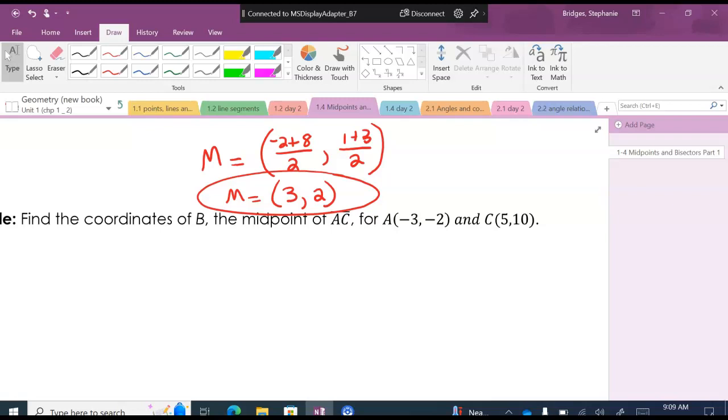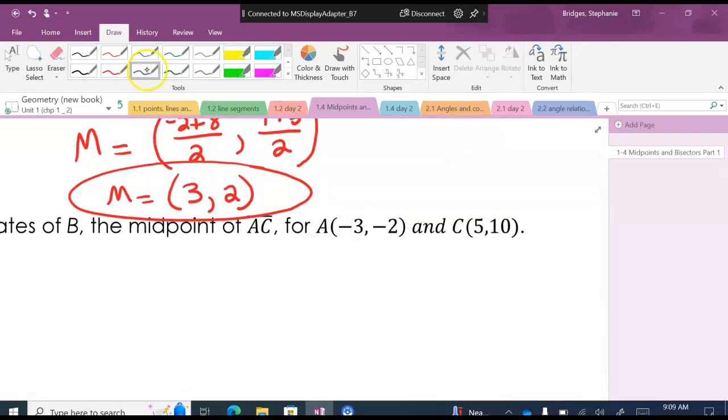I think that's a good sign. Let's go over this last one. Again, if you followed what I said, we're going to label our endpoints as x1, y1, x2, y2. And then I'm going to plug it in to find my midpoint.